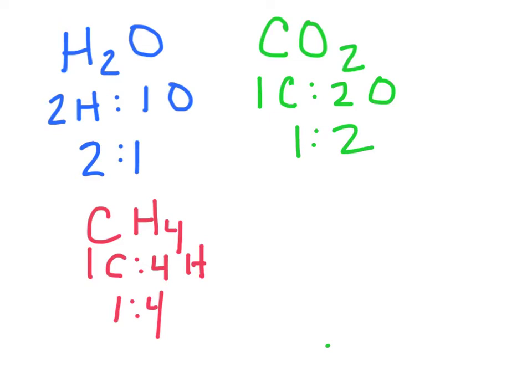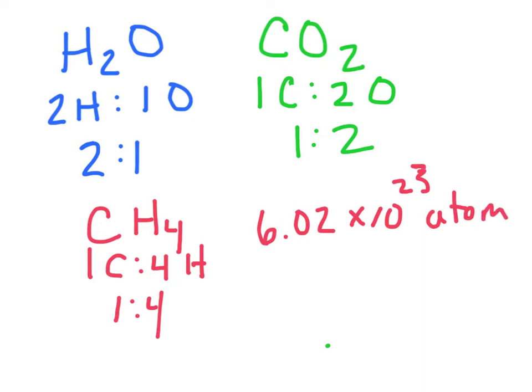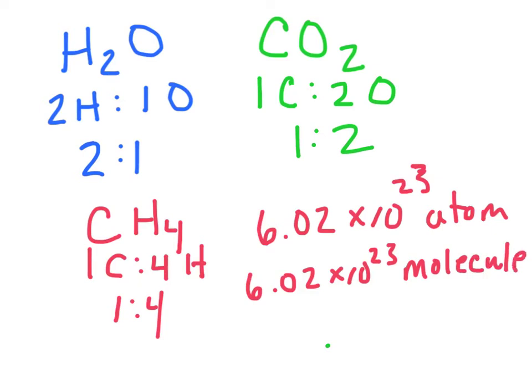Remember that each mole represents 6.02 times 10 to the 23rd atoms of an element, or 6.02 times 10 to the 23rd molecules. So if we have a molecule, when we break it up, it would become atoms.